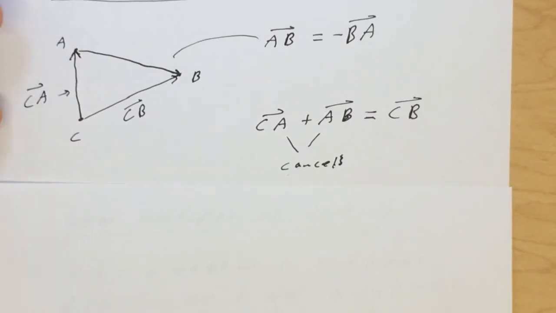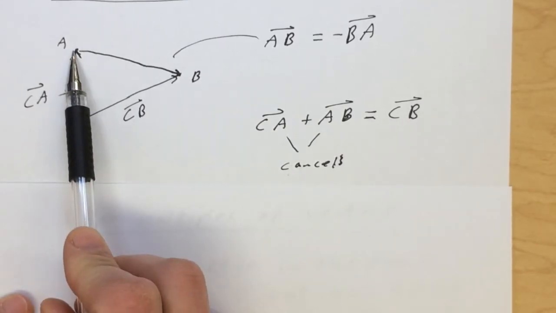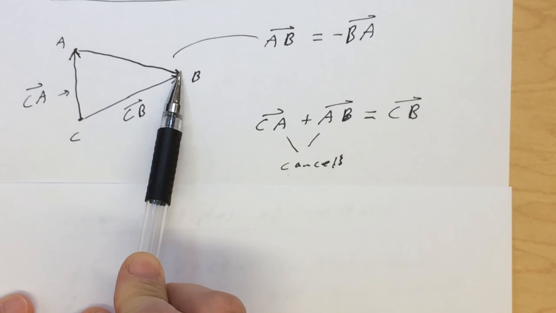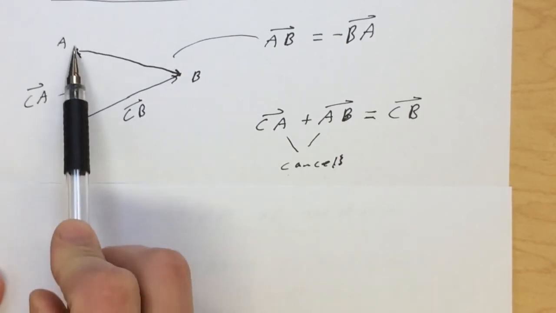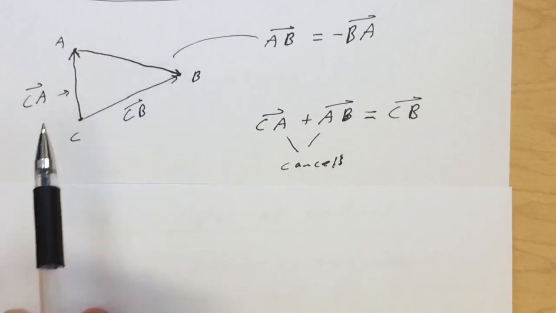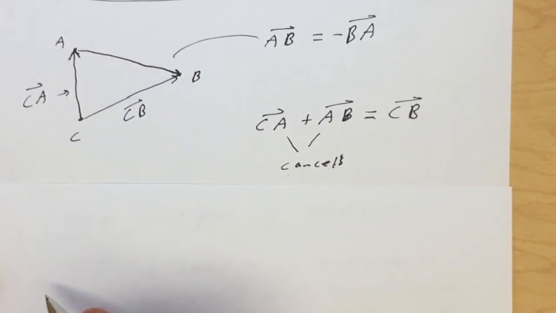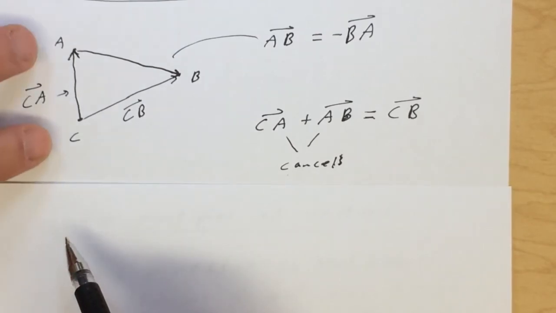If you're going to add these vectors, CA plus AB, using the triangle law, would give me the vector CB. Does that make sense?